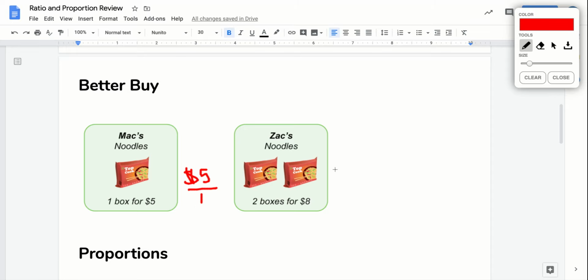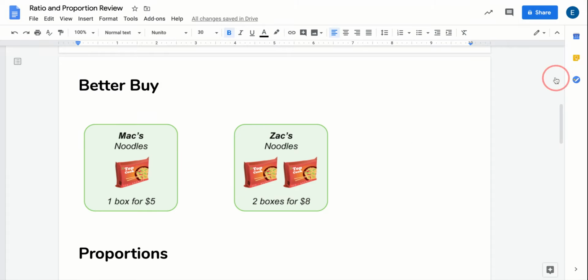And Zach's noodles is 2 boxes for $8, so it's $8 over 2, and I divide to get my unit rate. 8 divided by 2 is 4, so $4 for 1 box. So I know that Zach's noodles is the better buy because $4 for 1 is cheaper.